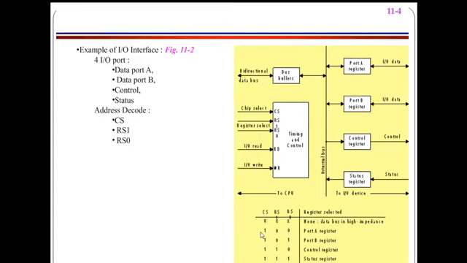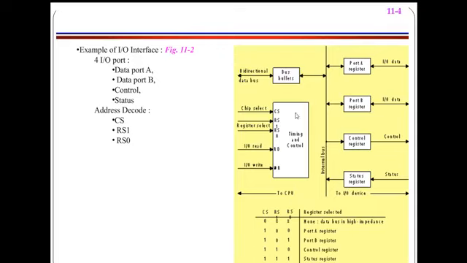If the chip select is 1 and the register select is 00, the port A register will be accessed. If the chip select is 1 and the register select is 01, then the port B register will be accessed. If it is 10, then the control register will be accessed. 11 means the status register. So 00 means port A, 01 means port B, 10 means control register, and 11 means status register.